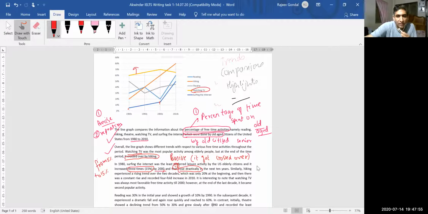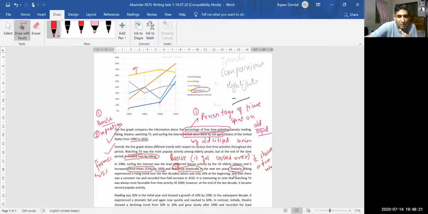So instead of that, you can say it showed a dramatic rise, or it showed a dramatic increase. This will be better. It showed a dramatic rise in the next 10 years. Full stop. This is a very good connector.